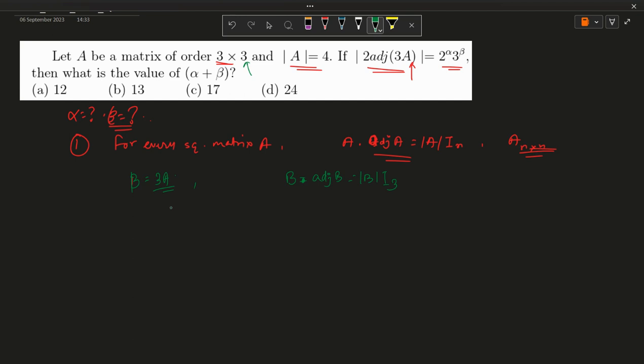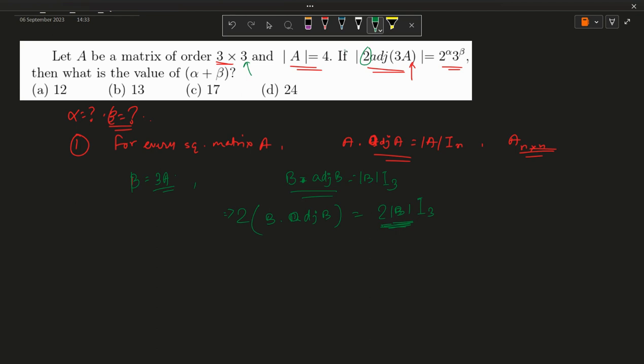Now what we do is see that here 2 is multiplied with this adjoint. So we multiply 2 with both sides. It is a scalar term. So together 2 determinant of B, it is a scalar term, into I3.